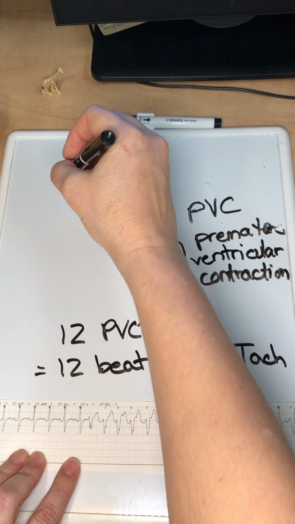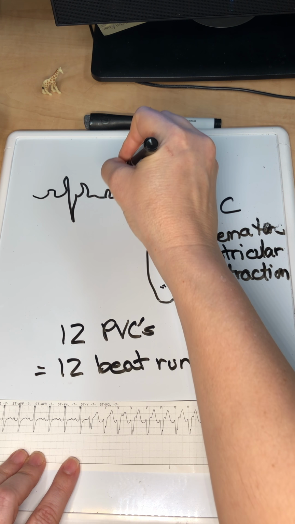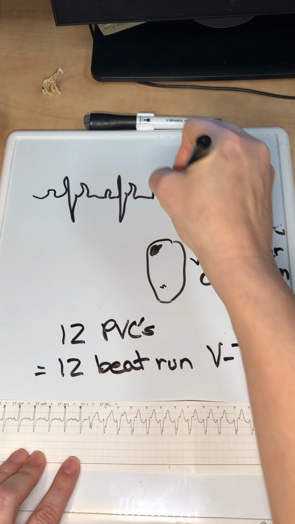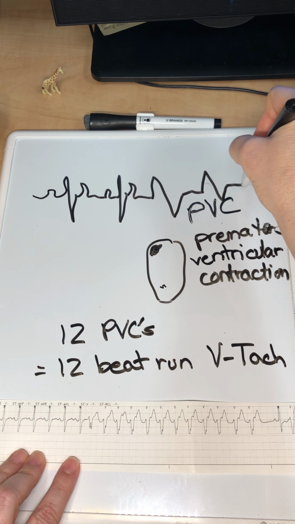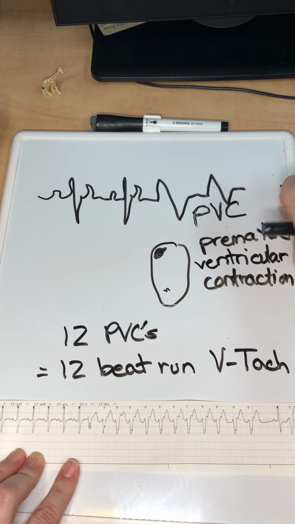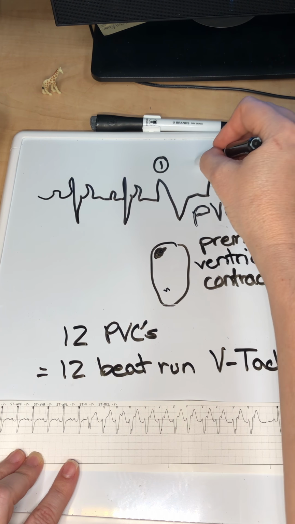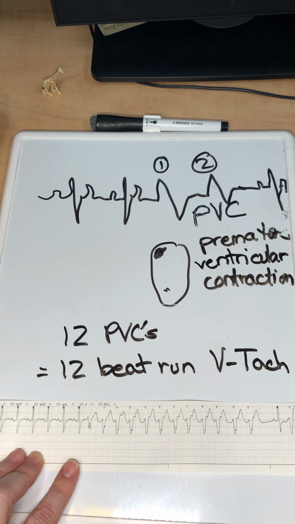If you have PQRST, and then you have 1, 2, 3. If you have 2 in a row, let's say you just have 2 in a row, and then PQRST. If you just have 2 in a row, that's not V-tach. 1, 2, and then went back to sinus.